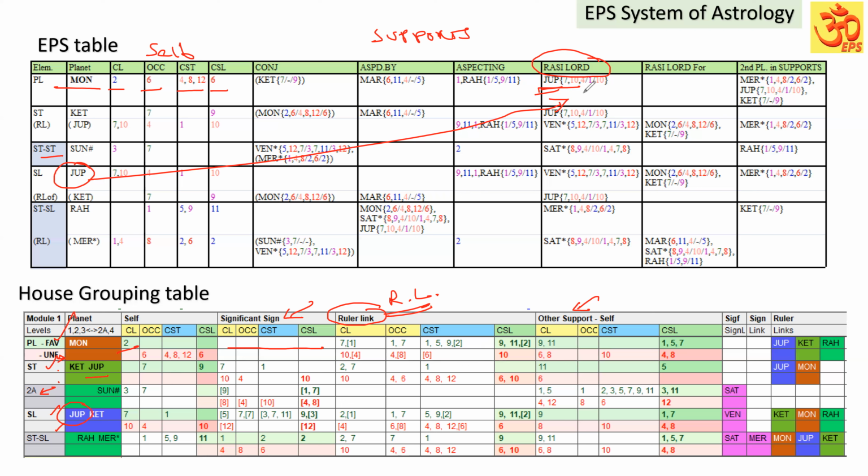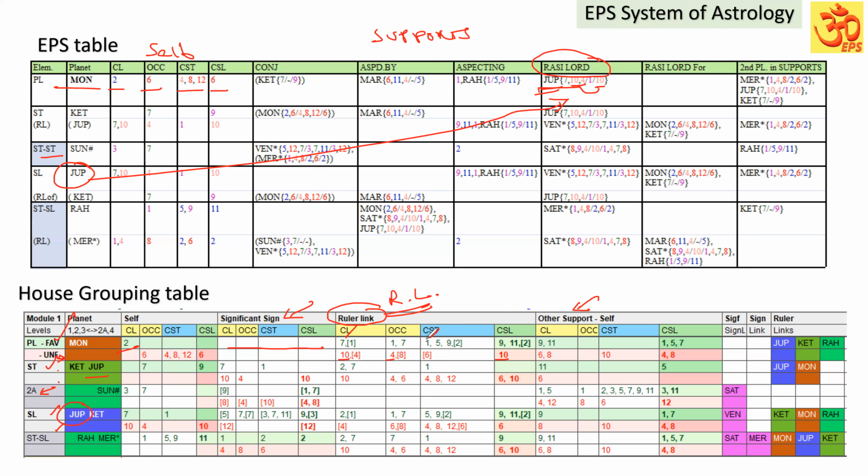There can be a Rasi lord or any planet combinedly present in the ruler link. All the planets will be shown under the ruler link column. Here you can see that Jupiter is 10 sublord: 10, and 4, and 10 sublord. They are the unfavorable. You can see that the 10, 4 and 10 are shown under the unfavorable. Favorable are 7 and 1, the 7 and first cuspal star lord.